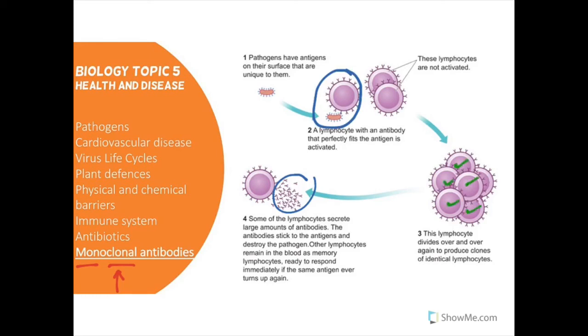And because it's cloned itself, all of these antibodies are exactly the same. Monoclonal antibodies looks like a really complicated term, but it just means antibodies that are identical to each other, created by one particular white blood cell. One white blood cell that has made clones of itself, they would all make monoclonal antibodies.